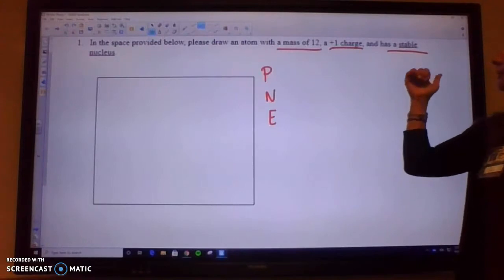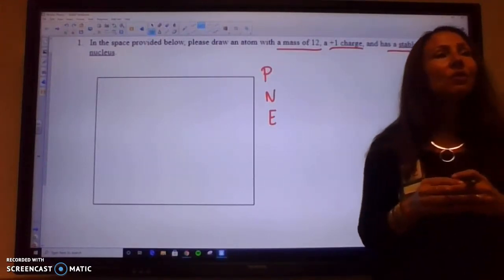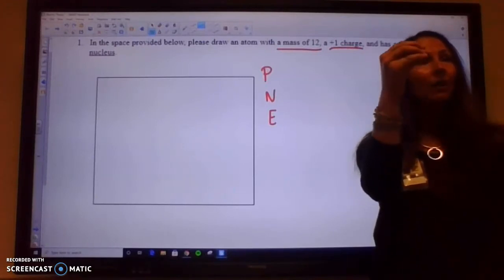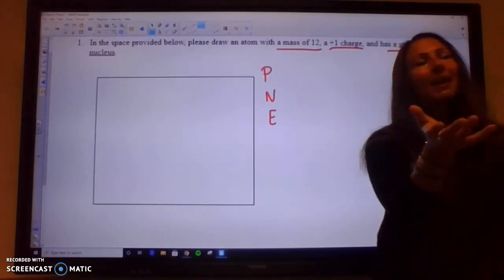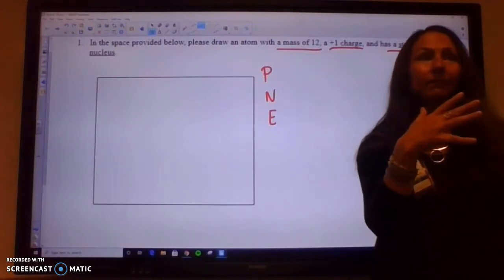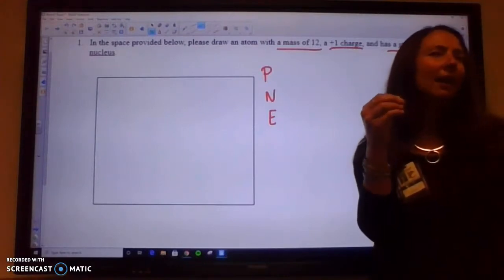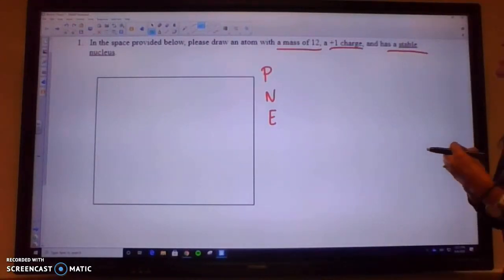Well, the other little hint is that it says it has to be stable. For it to be stable, you can have an equal number of protons and neutrons, or you can make it unequal, where you can have more of what? The neutrons, because they space out the protons and keep them from touching.